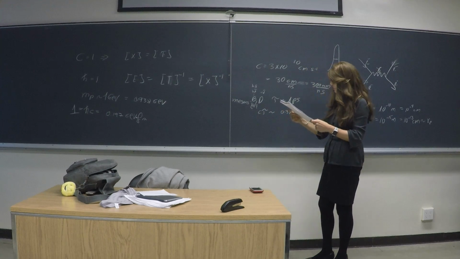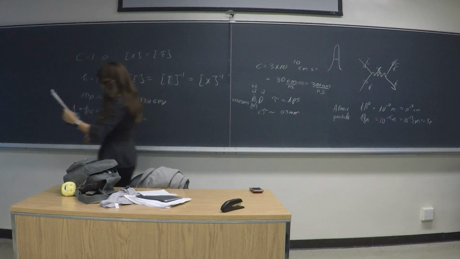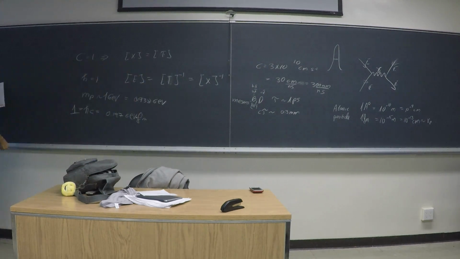Another thing, just to finish with what we did last time, was cross-section. Cross-section is the probability of interaction. Everything is interactions and probability for things to happen. It's usually proportional to an area.